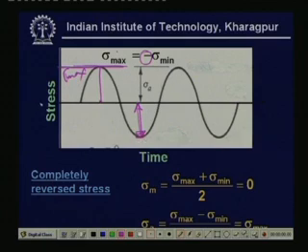Obviously, in this type of cyclic loading, the mean stress comes out to be 0. That means there is no mean stress, and the entire stress is only the stress amplitude, the fluctuating stress situation.